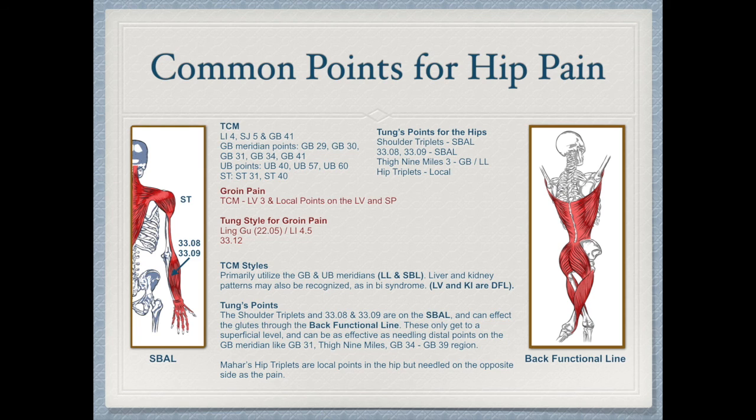So when you start to understand these 6 movements of the hips and how they relate to various points, both local points and distal points, then you're going to start to get results. However, if you're just identifying this as B syndrome and then throwing in the common points and doing some liver points or some kidney points, you're just not going to get as effective results as you can if you understand the anatomy and the muscle groups of the hip.